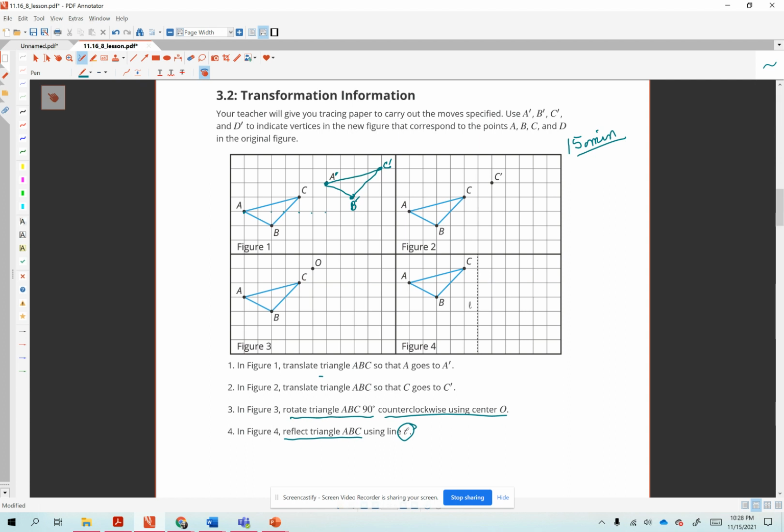For figure 2, we're going to go to the right 2 and up 1. So we've done that with C. We have our new C prime here. We'll do that with A. So over 2 and up 1.